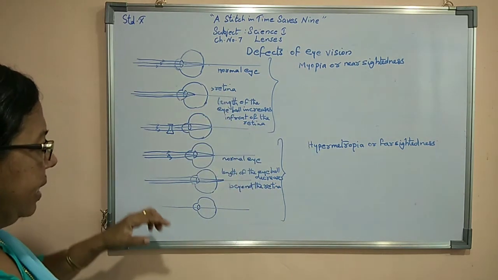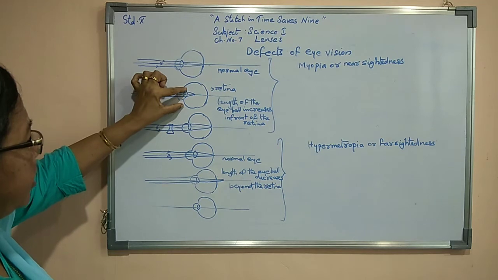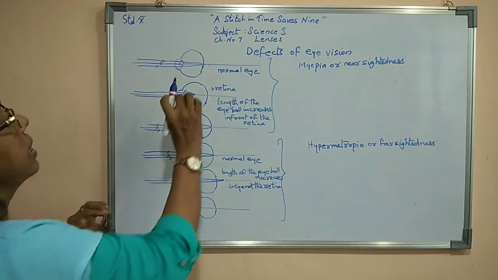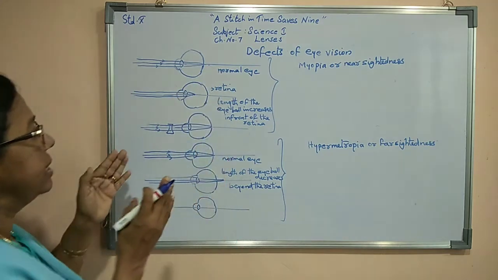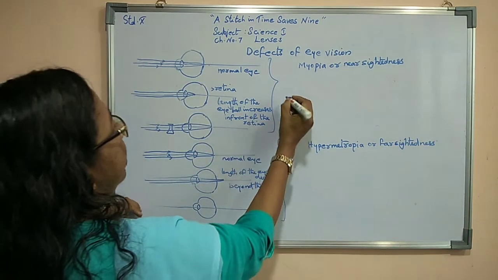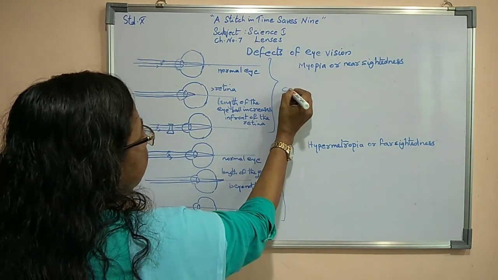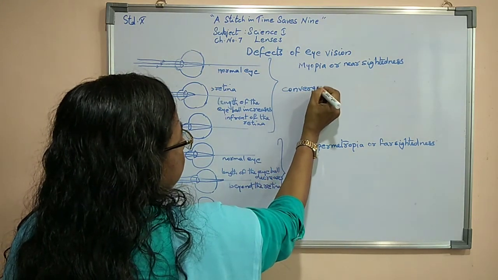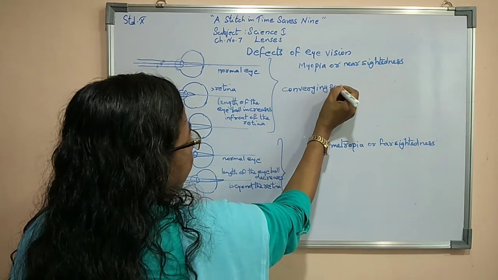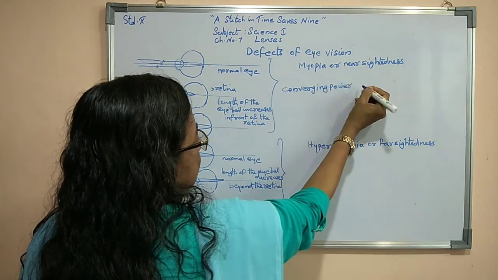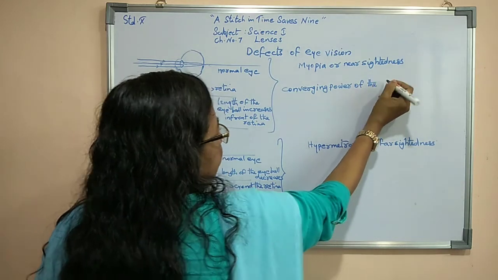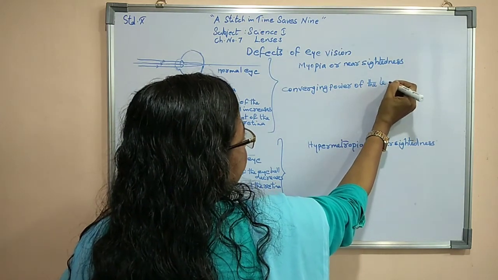Now one more thing is there. In case of this lens defect, the converging power of the lens is very high. We can write one more point, that is converging power. In case of myopia, the converging power of the lens is very high.